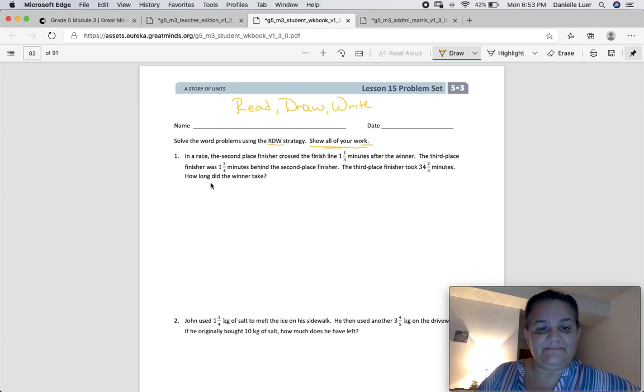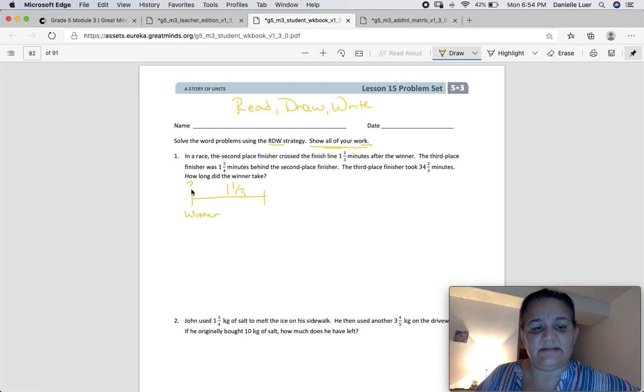In a race, just as a warning, in a race, the second place finisher crossed the finish line 1 1/3 minutes after the winner. Okay. So here's the winner. Then the second place finisher was here, 1 1/3 minutes later.